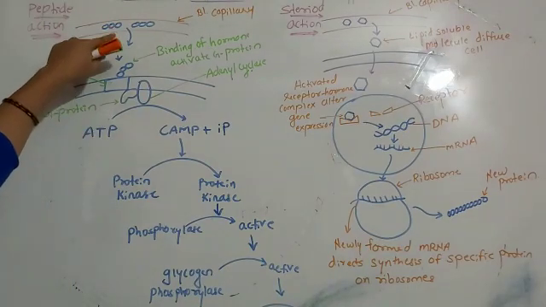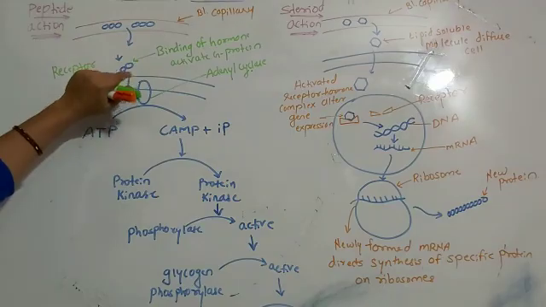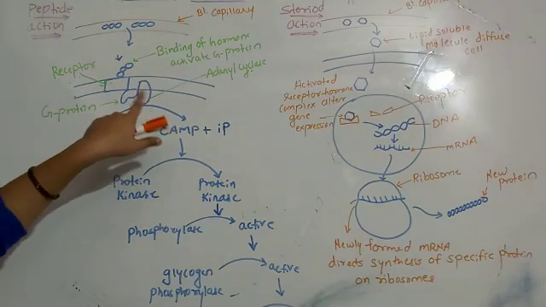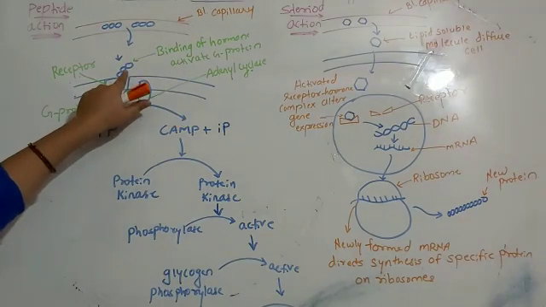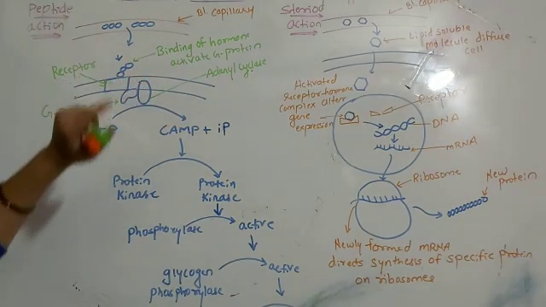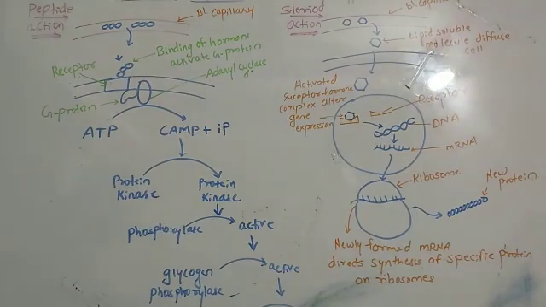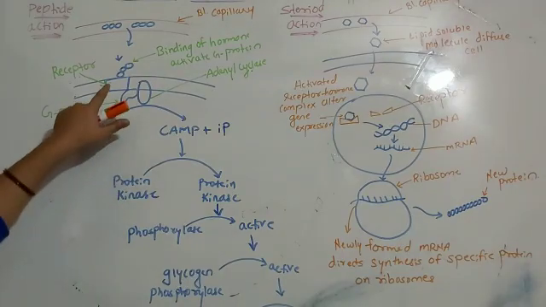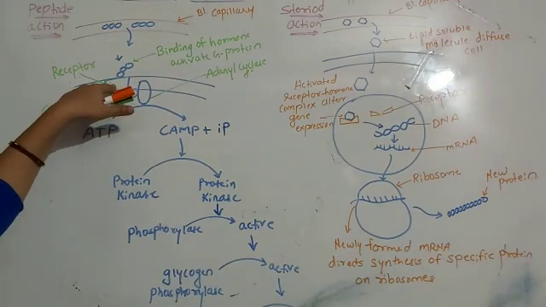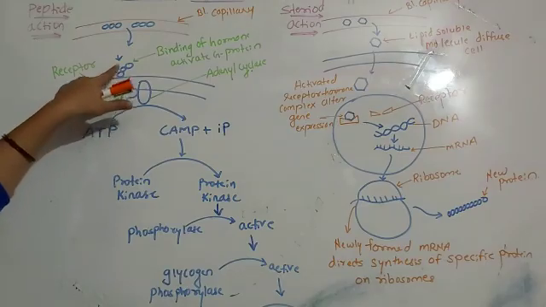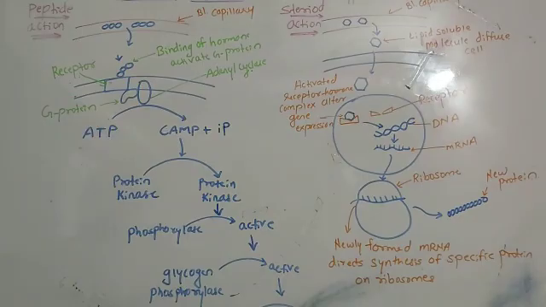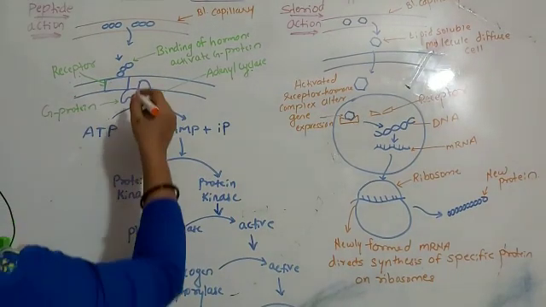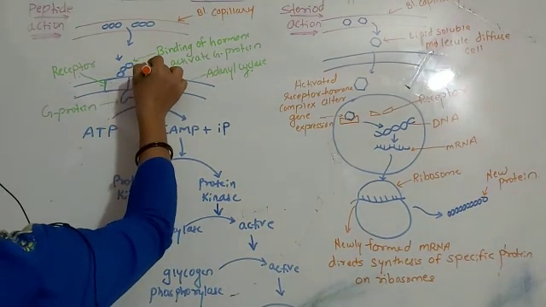When they squeeze out from the blood capillary, they come in contact with the cell membrane. That means there is a binding of the hormone to the receptors present on the proteins. I told you they have to bind to a specific protein called a receptor. We call it a hormone receptor. The hormone binds to the receptor, and we call this hormone the first messenger.